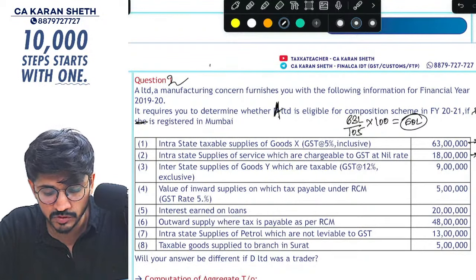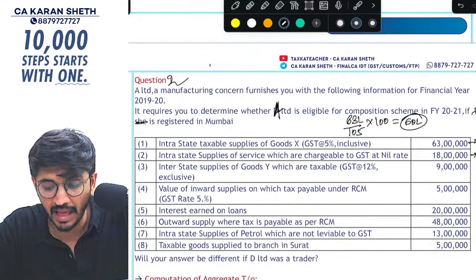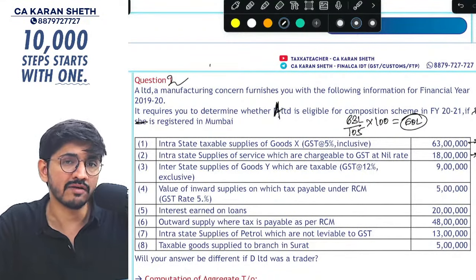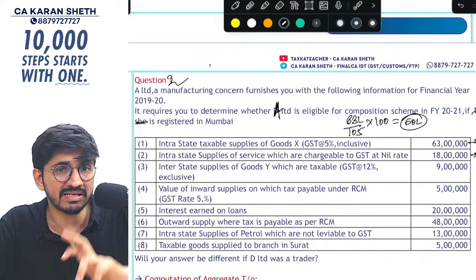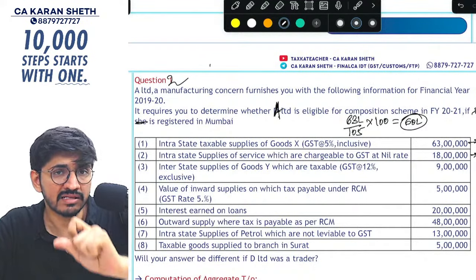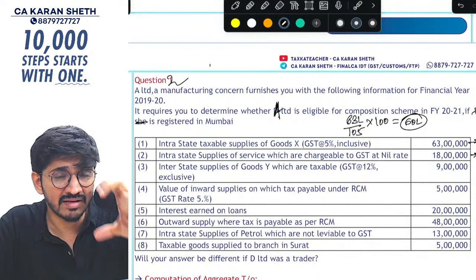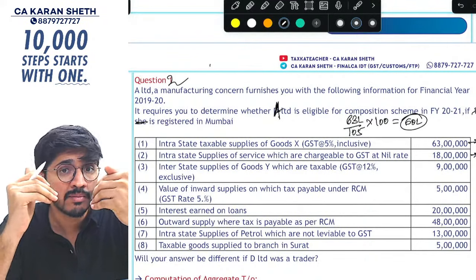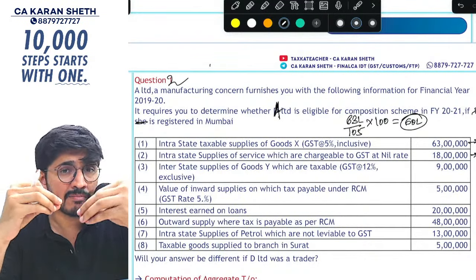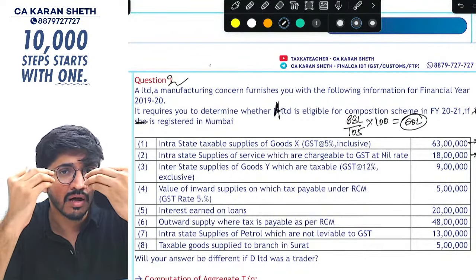Interstate supply of goods which are taxable: 9 lakhs. Now there is often a confusion here: sir, will we take interstate supplies or not? We will take it, because the data provided to you is of the previous financial year. And in the previous financial year, we were a normal taxpayer.